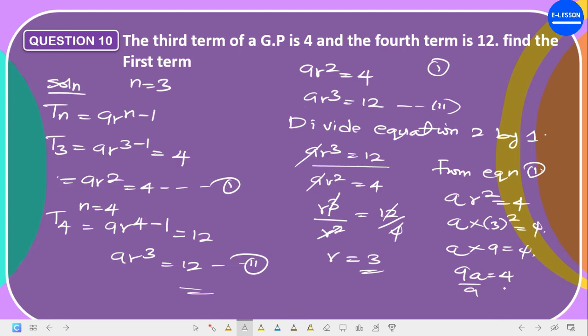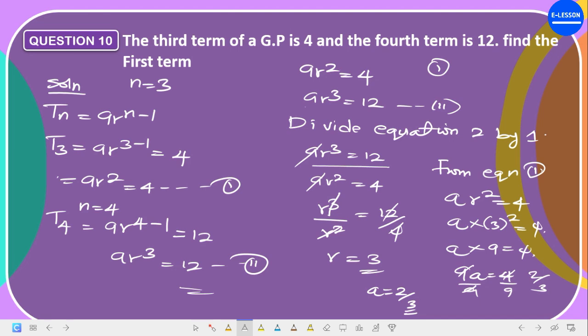So 9a is equal to 4. To get a, divide both sides by 9. This gives us 4 over 9... sorry, 2 over 3. So your a, which is the first term, is 2 over 3.